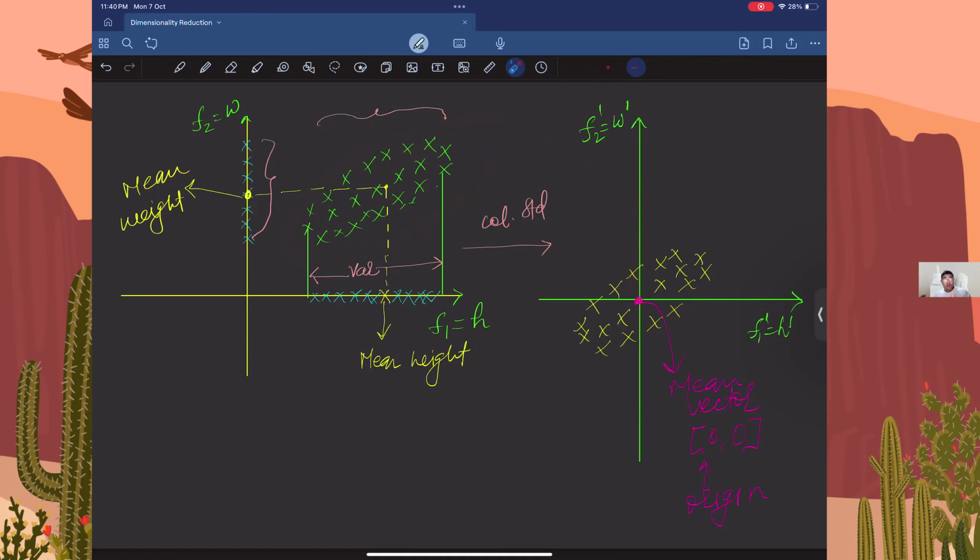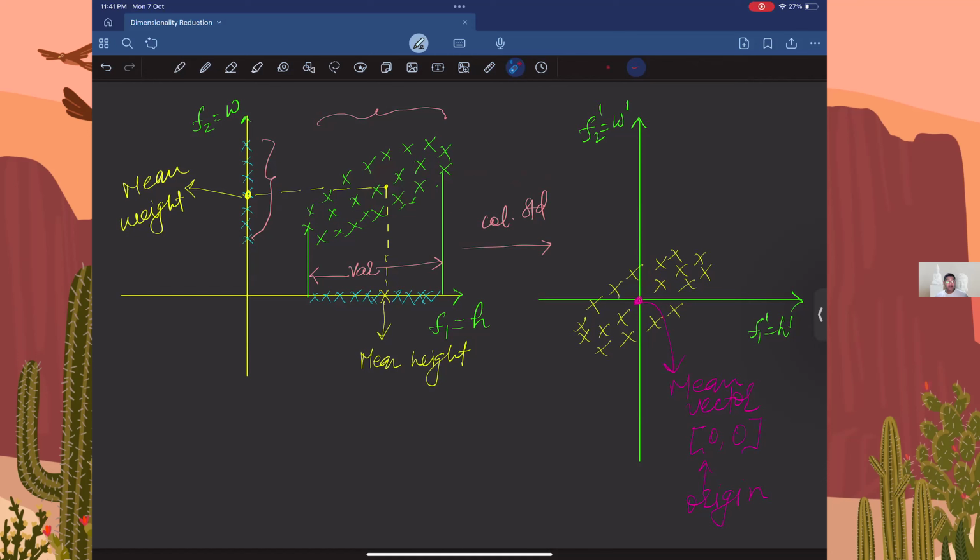And I have also ensured that I squeeze these points. If this is the mean, the first thing I did was move my mean center to here. I have moved my mean from here to this point, 0, 0.